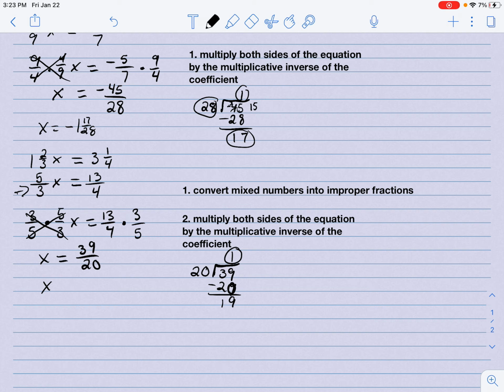Once again, your whole number, the remainder is your numerator, and your denominator stays the same. So that's going to equal 1 and 19/20. And so those are the steps for solving one-step equations with multiplicative inverse when we are dealing with fractions for coefficients and answers.